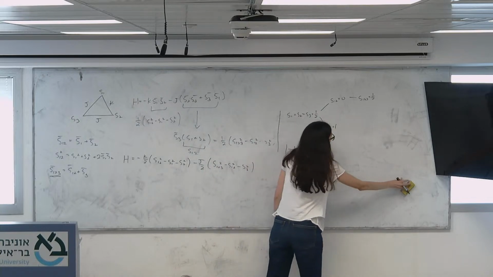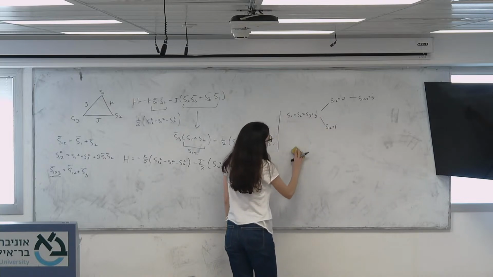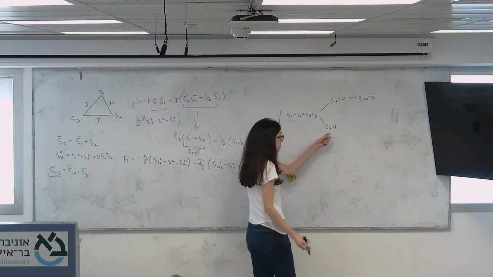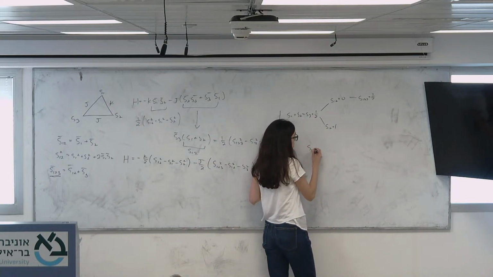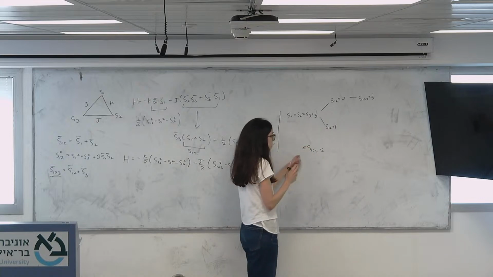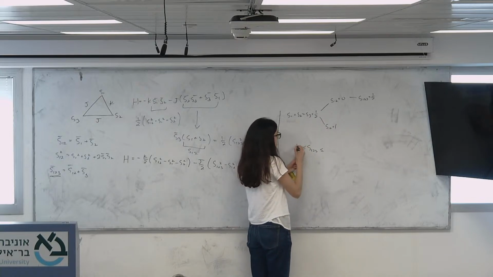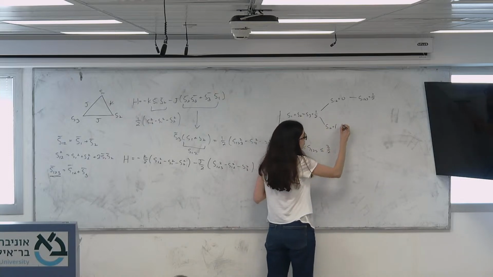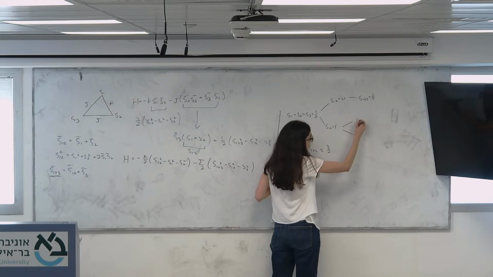So we only have one option. If S12 is equal to 1, then S123 is going to be either half or 3 halves. So we're going to have two options.